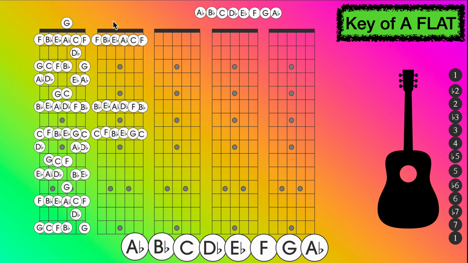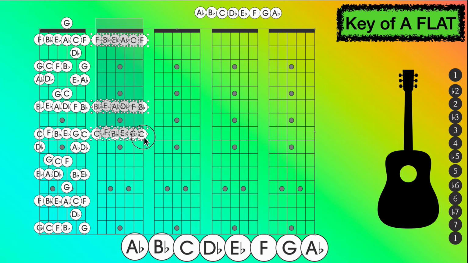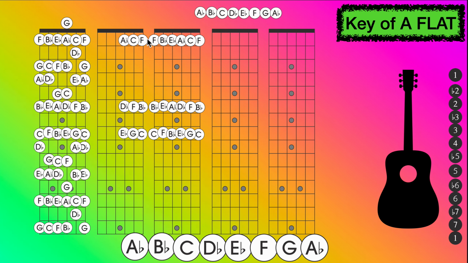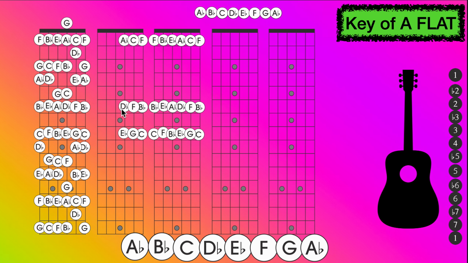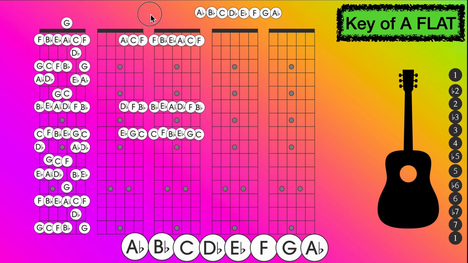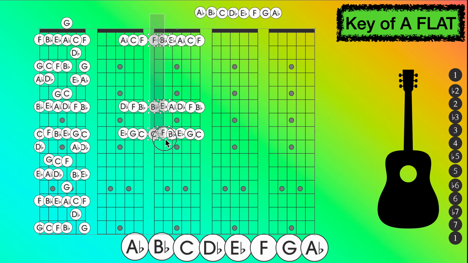And if I copy all this over here, when we eliminate these here, these are 3 minor chords, the F minor, the B flat minor, and the C minor. And that's the 2, 3, and 6 chords.